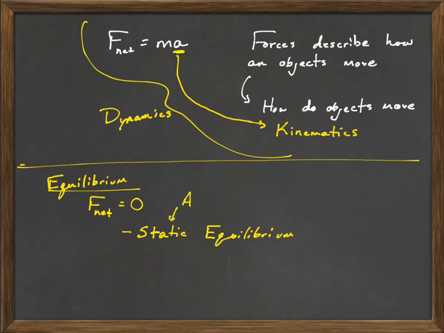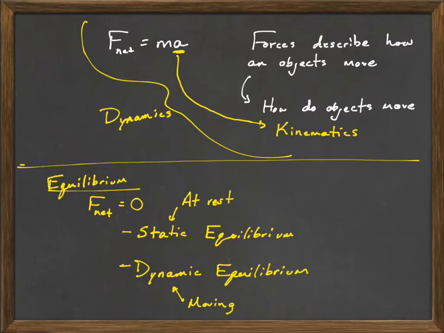The other type is dynamic equilibrium, which would be that you're moving, but since you're at equilibrium, it means you're moving with constant speed. That's what we focused on in the last video. We're going to classify it into two different ways now.